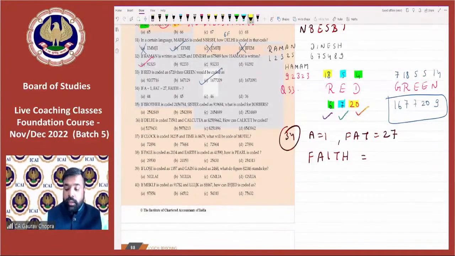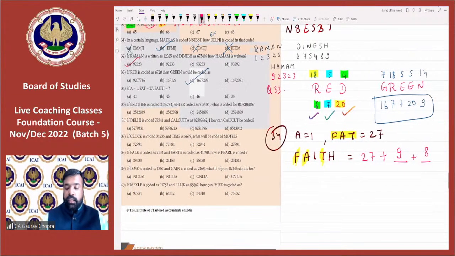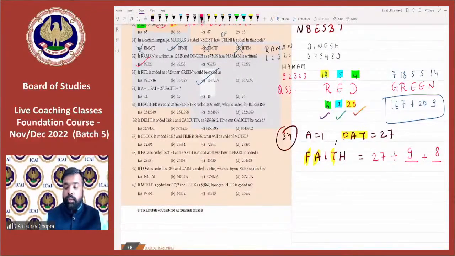So if we see, FAT is already given, so we can extract F, A, and T from here. So FAT is 27. Now we have to just add I and H. What is the position for I and H? I is 9, H is 8. So we can add them and get the result. So 27 plus 9, 36. 36 plus 8 is 44. So 44 is the correct option.